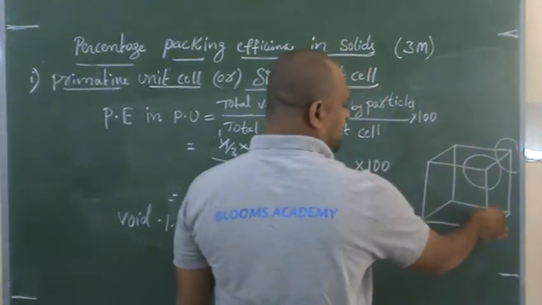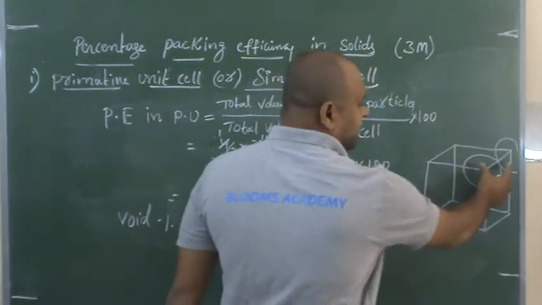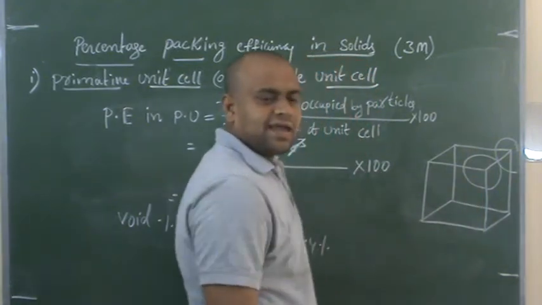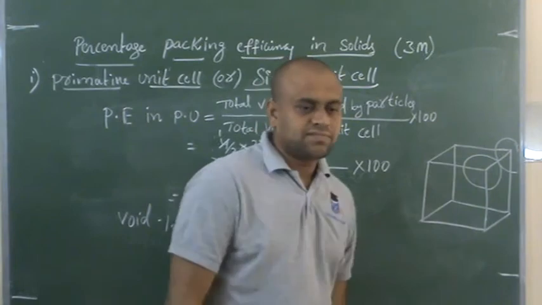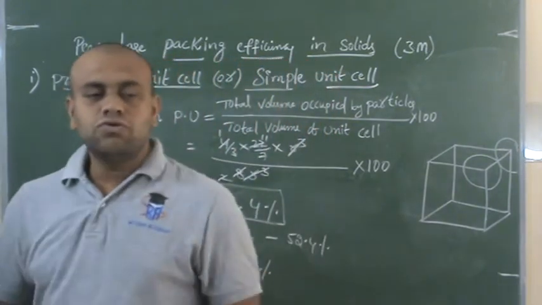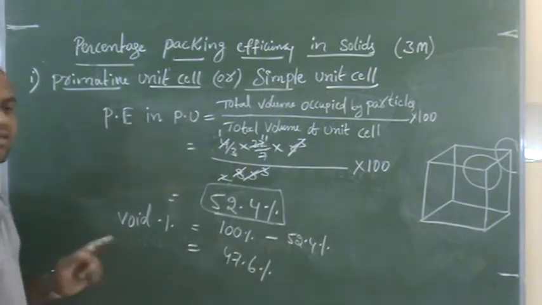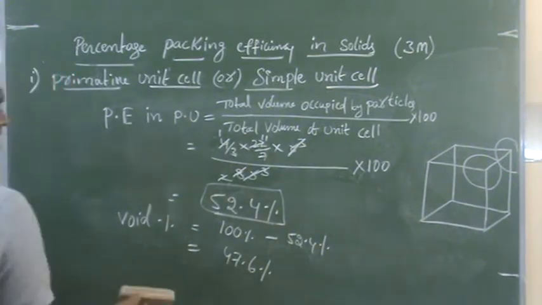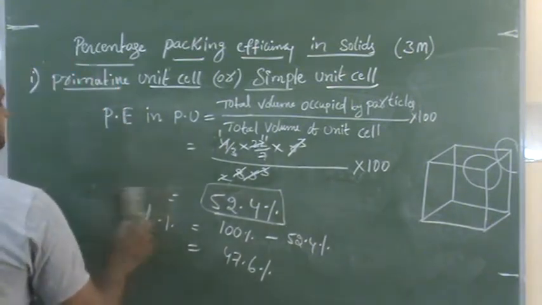You have to represent 8 particles, but no need to represent all 8. If you represent 2 particles neatly, it's enough. For understanding purposes, I have written those 2 diagrams. Okay, now I will move on to the packing efficiency in face-centered unit cell. Is it clear, right?